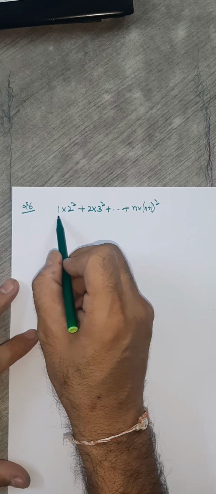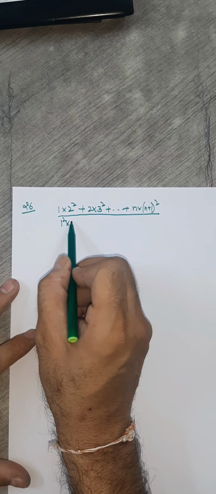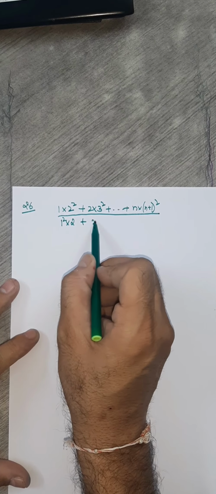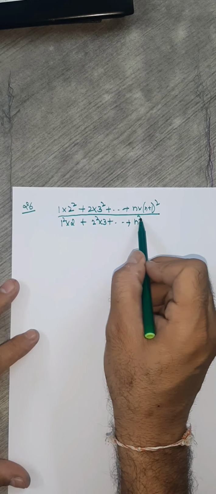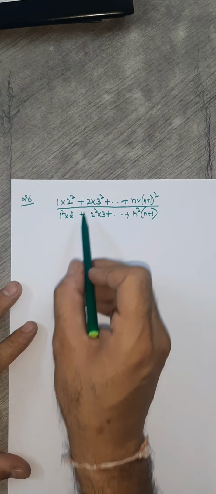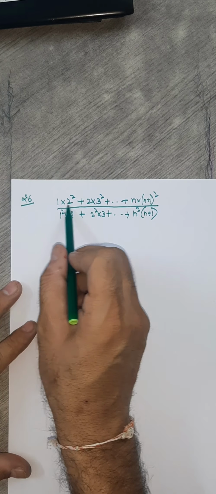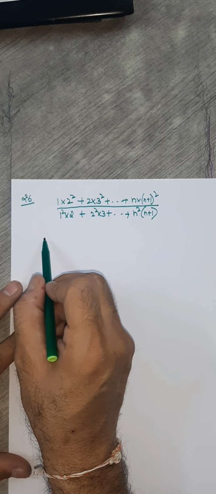So the nth term is ready for you. What is this? 1 square into 2 plus 2 square into 3 and so on. Here also the nth term you are given is n square into (n plus 1). So we write the nth term for the numerator and for the denominator, and we'll simplify and show this.